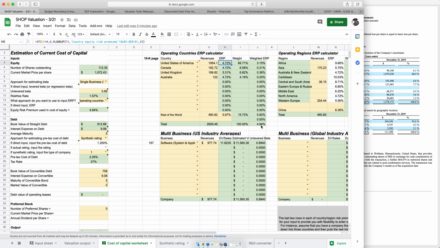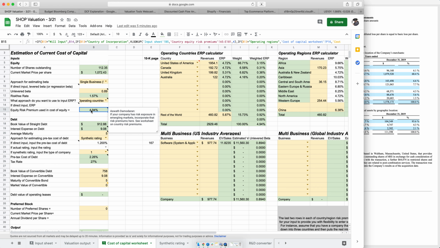Relatively speaking, 4.94 is actually quite good, right? It's only slightly above the baseline rate that we're looking at, which is 4.72. That's because the majority of the regions that Shopify gets their revenue from are developed countries, so it's generally not as risky.